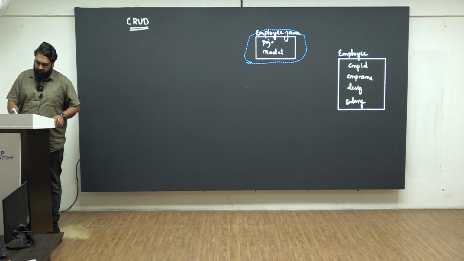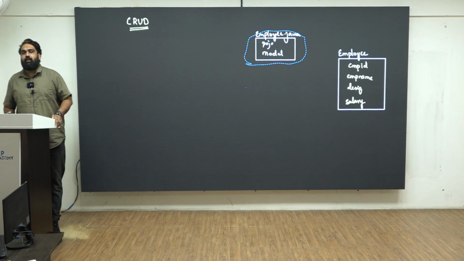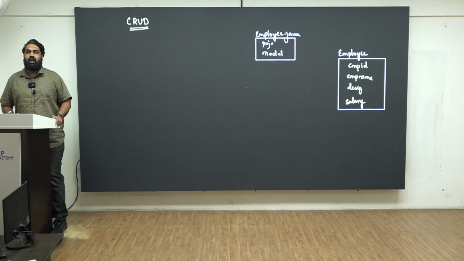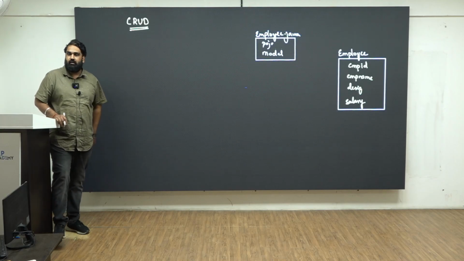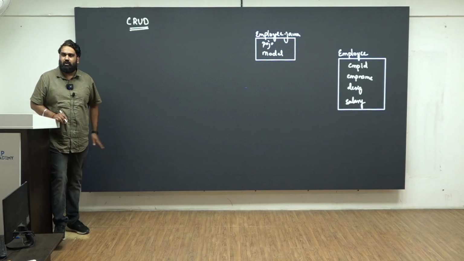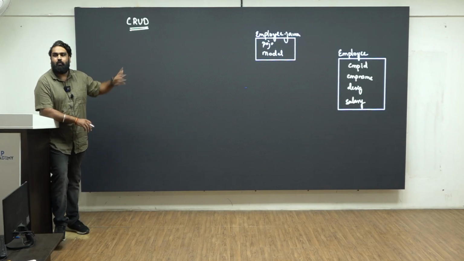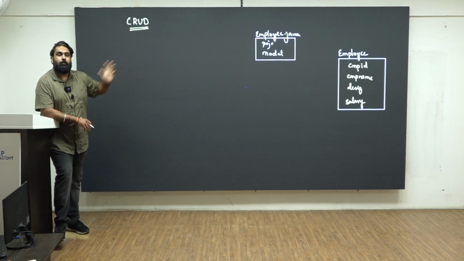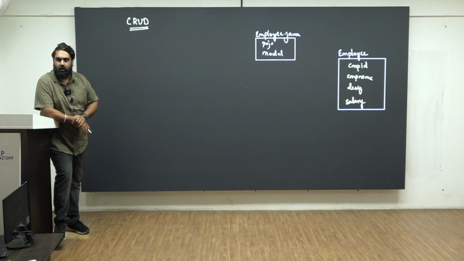So in Hibernate also, I will have a Pojo class or the model class that you call. But this class, whatever I have in my Hibernate, is not a regular Pojo class nor a regular model class. It will have some additional information.